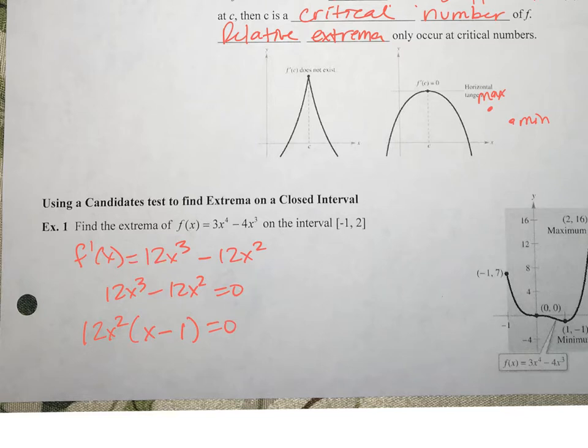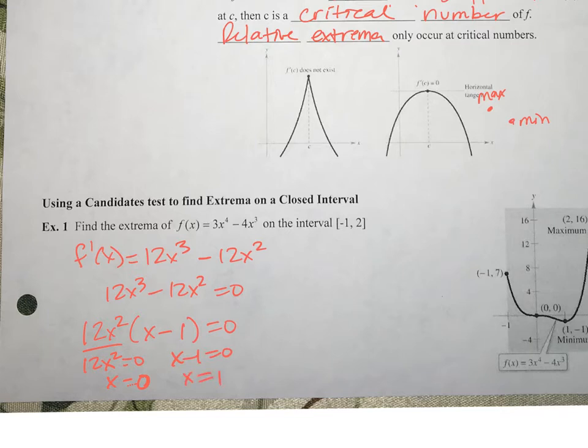If I have two factors that I'm multiplying together and the result is 0, the only way that can happen is if one of those factors is 0. So either 12x squared equals 0, which means x would be equal to 0, or the other factor, x minus 1 equals 0, meaning x would be equal to 1.